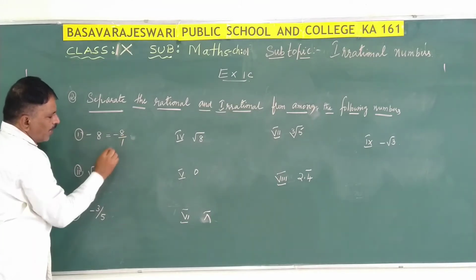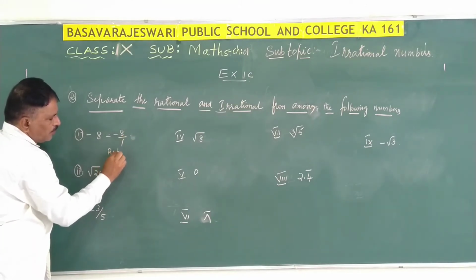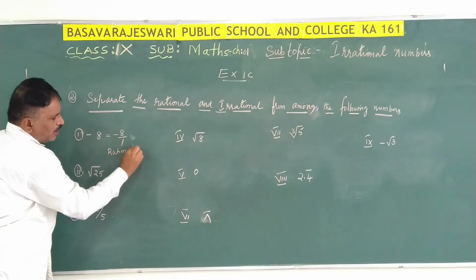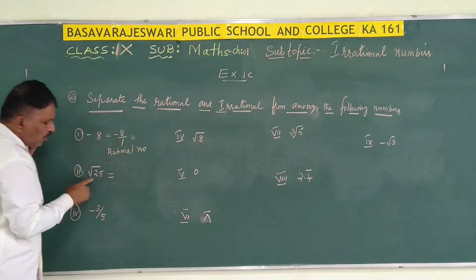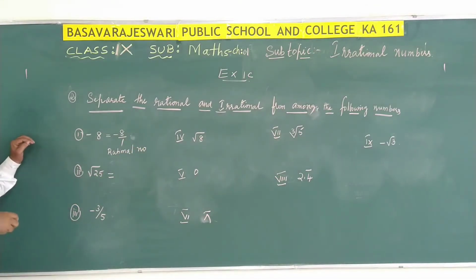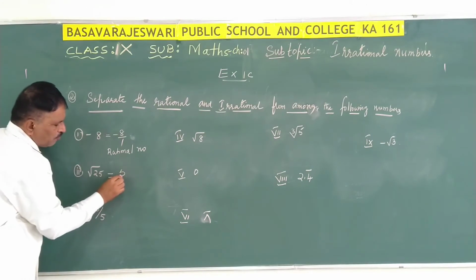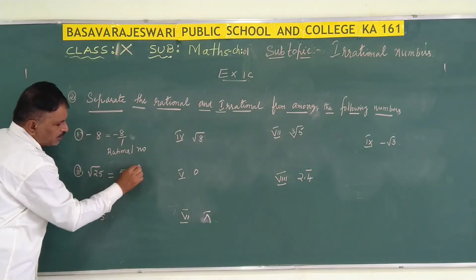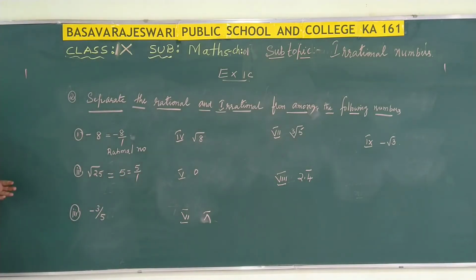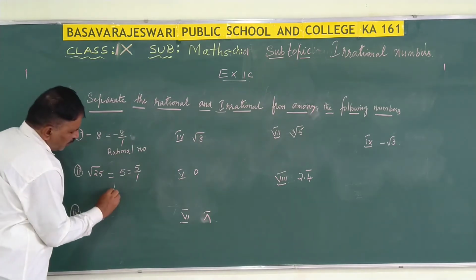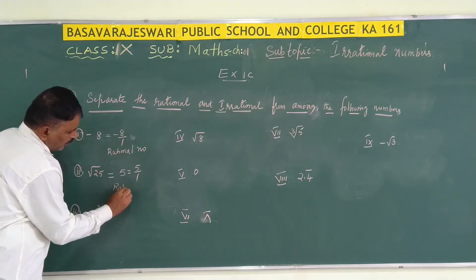Hence it is a rational number only. Second one, root 25. Root 25 is 5. 5 can be written as 5 by 1, so it is in the form of P by Q, where Q is not equal to 0. Therefore it is also a rational number.